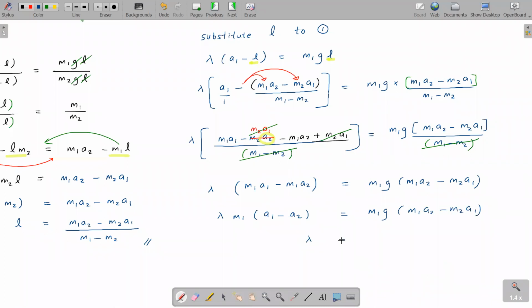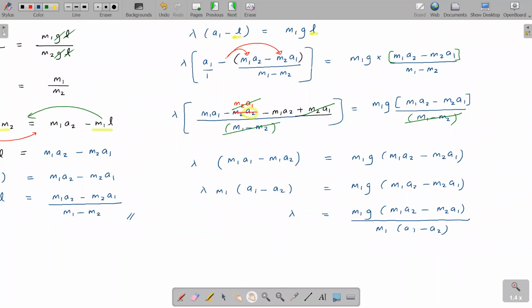Shall we make lambda the subject now? So M1G times (M1A2 minus M2A1) divided by M1 times (A1 minus A2). You can see clearly that the M1 cancels out.